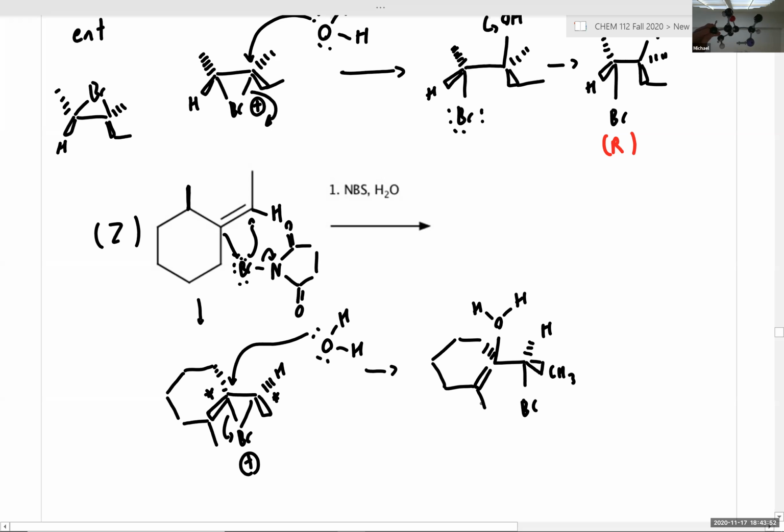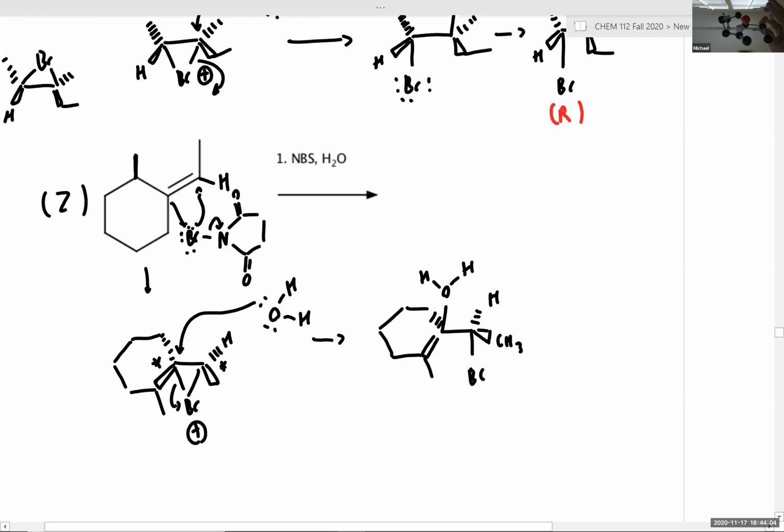So now what we're going to do is look at this molecule as if it were completely flat. We're just going to put the ring into the plane of the page, and draw what we see.